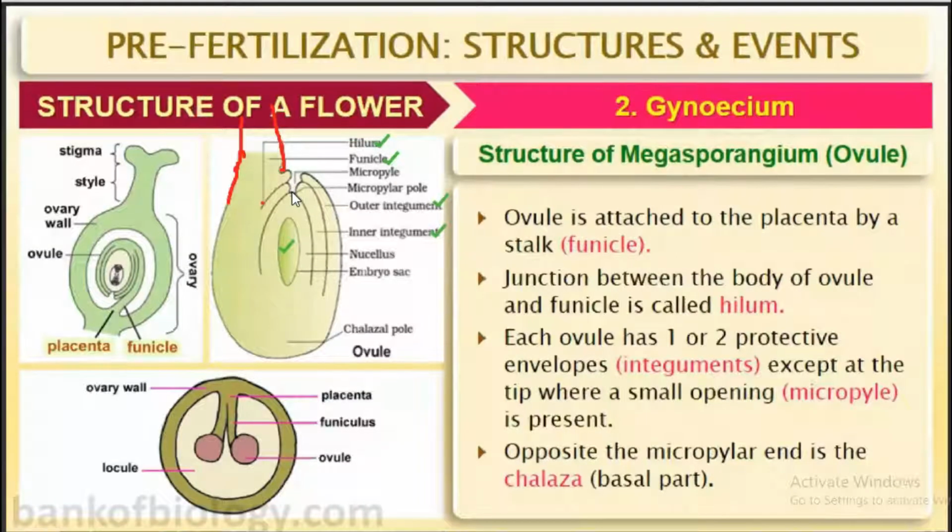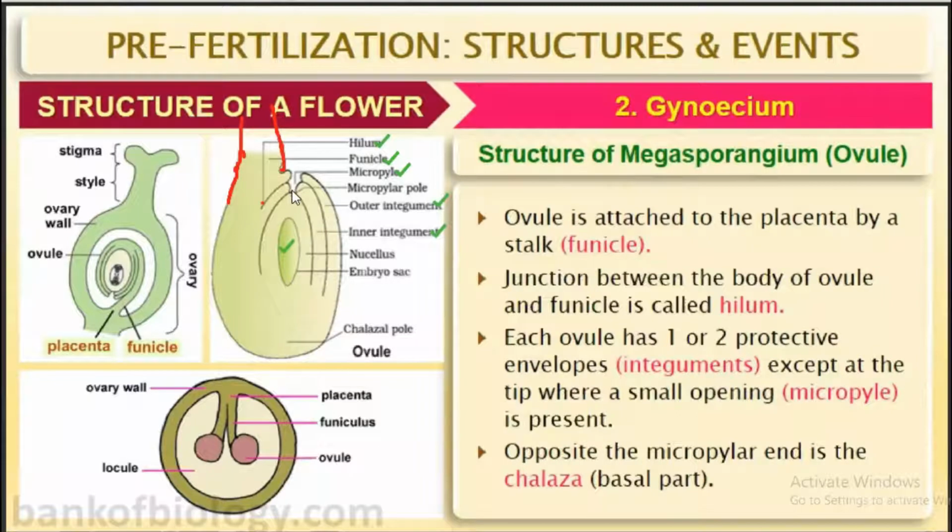So that area is known as the micropyle. The part of the ovule where the micropyle is present is known as the micropylar end. Here you can see the words micropylar end.